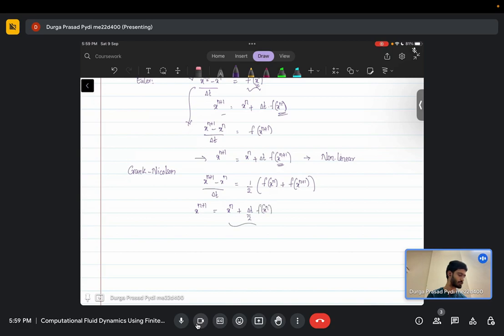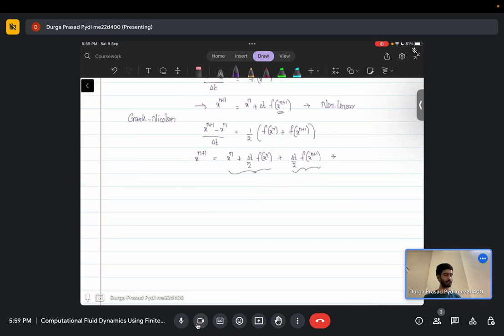This is something that is known, and this is something that will contribute to your nonlinearity. So this is a kind of implicit method, since x n plus 1 is an unknown, and your RHS is also expressed in terms of x n plus 1. So how do we solve this kind of equation? We use an iterative method called Newton-Raphson.